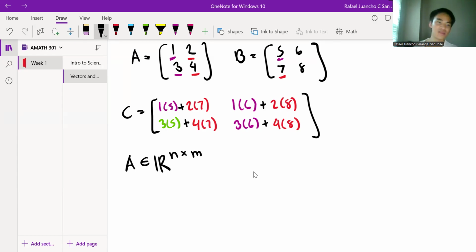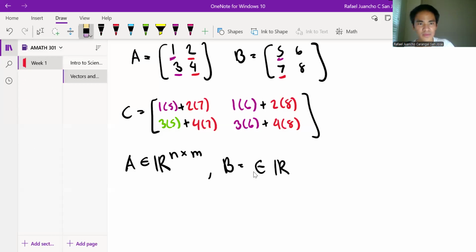So I'm gonna say A is a matrix of n by m dimensions. And B is also a matrix that's P by Q dimensions.